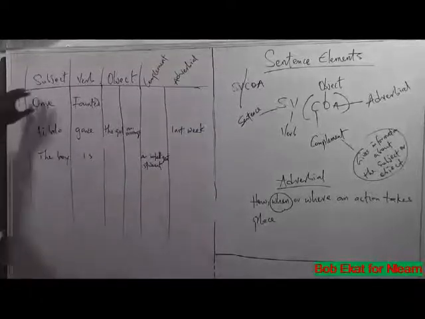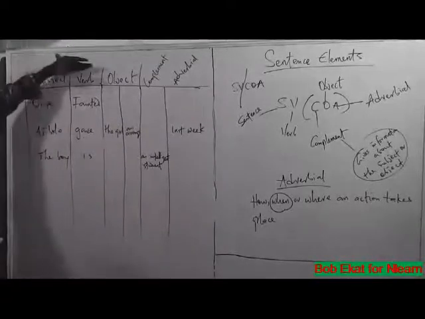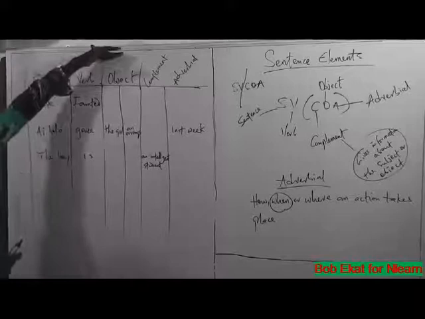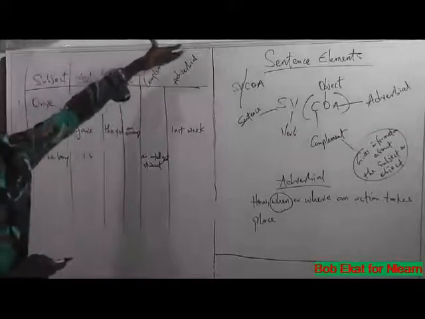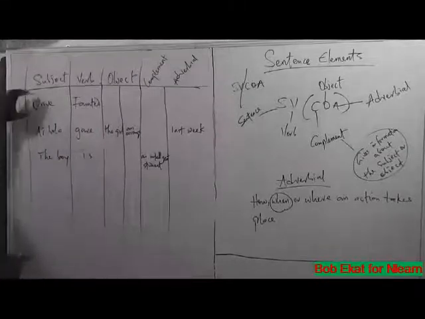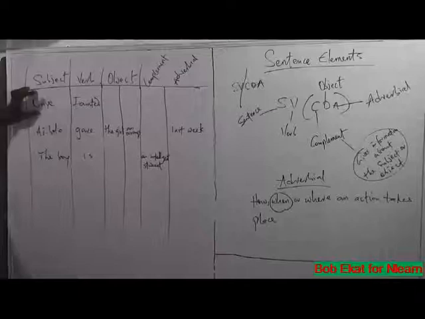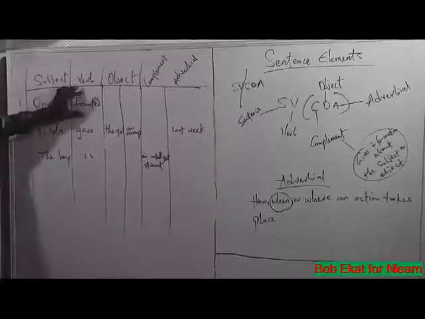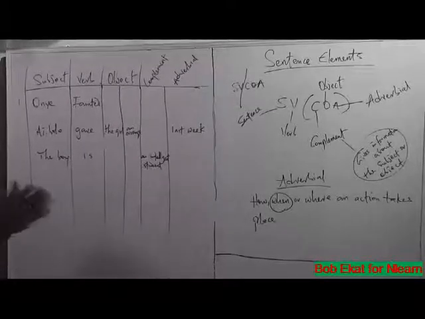For example, you have this first rule, which is subject, you have verb, you have object. Object is divided into two. You have complement, and then you have adverbial. When we say Onye fainted, Onye here is the subject, fainted is the verb, and that ends the sentence. It's a complete sentence, even though it has only subject and verb.